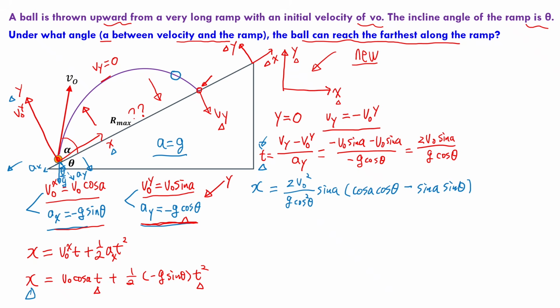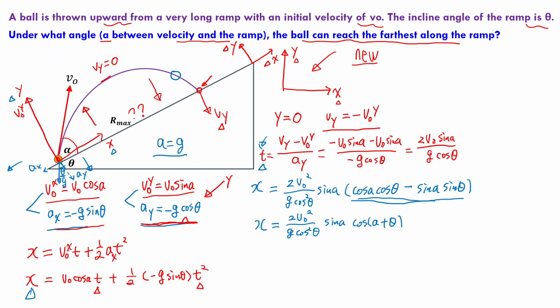This equation looks pretty busy, but it reminds us of one of the trig identities, right? So we can rewrite this as 2V0 squared divided by g cosine theta squared times sine alpha, and then this whole bracket becomes cosine of alpha plus theta.